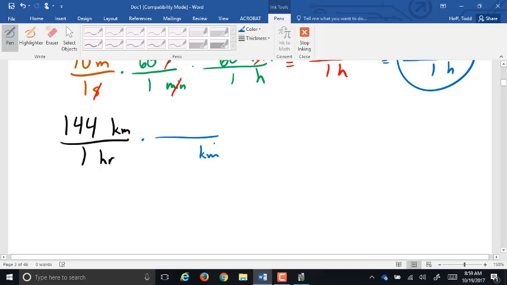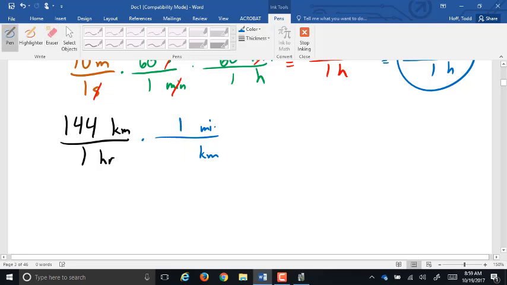Let's change our kilometers to miles. 1 kilometer is how many miles? Look on your sheet. I usually go with 0.625, but look on your conversion sheet quick. They got listed as 1 mile is 1.61.